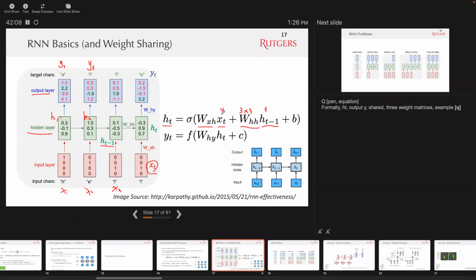Because the resulting ht is a 3-dimensional vector, this weight matrix is going to be a 3 by 4 matrix. And you have a bias term, which is also 3-dimensional. So this is how you compute your new history, ht, given your previous history and your current value.